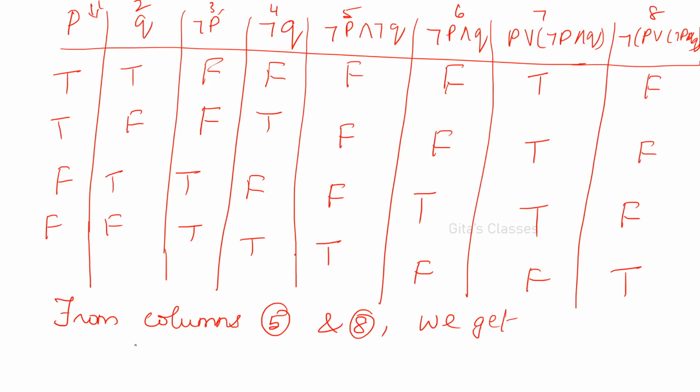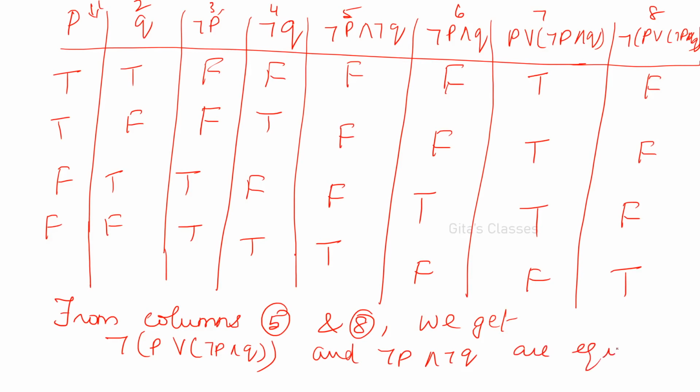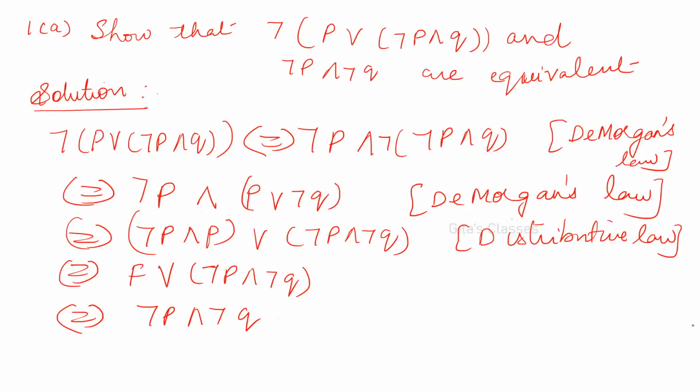Okay, not of (P or (not P and Q)) and (not P and not Q) are equivalent. So any one is enough. If you have written with the truth table also, you will get full marks. Even without truth tables, if you write like this also, you will get full marks. Any one is enough, not both.